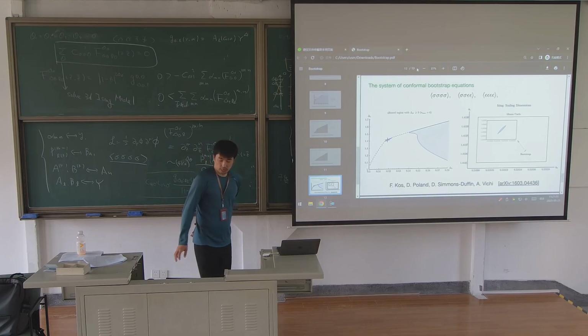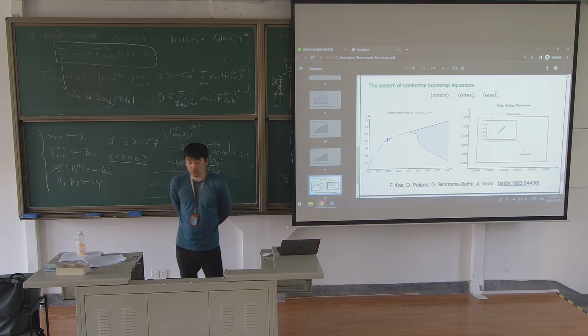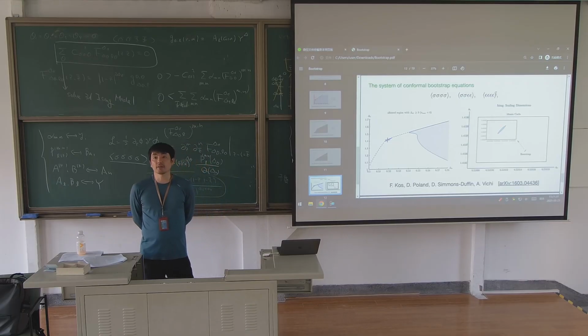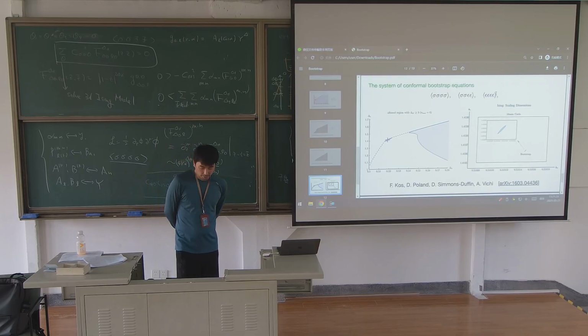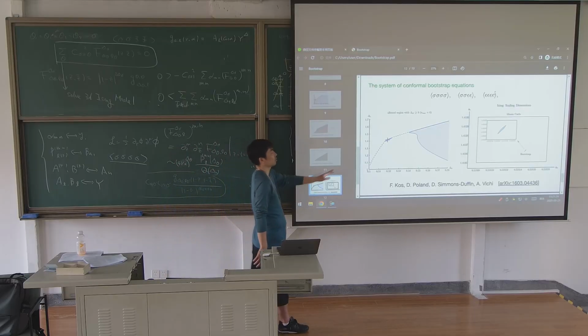As you can easily see, sigma sigma sigma sigma, also 2 sigma and 2 epsilon, and also 4 epsilon. These 4-point correlation functions you consider and apply the bootstrap equation again, and then give a bound. Surprisingly, it gives a lot more constraints on the OPE coefficients. And then for the 3D Ising model, you can have this kind of constraint.